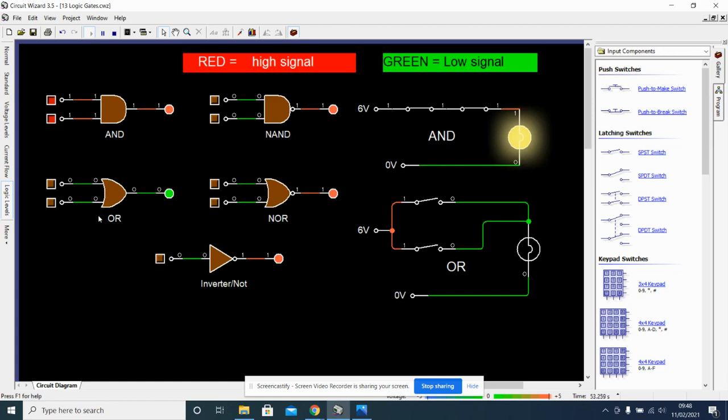And an OR gate only works when one or the other one or both inputs are high. So there we see, it's gone high already, or both, still high. And our circuit over here of the lamp will work when one or the other one or both are high.